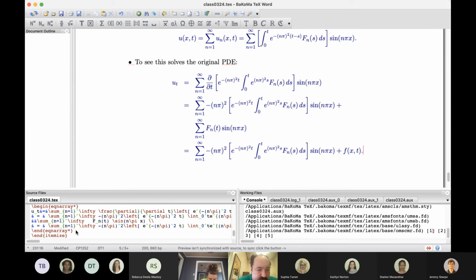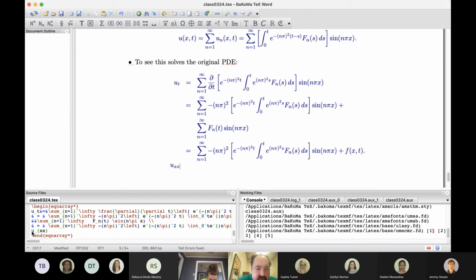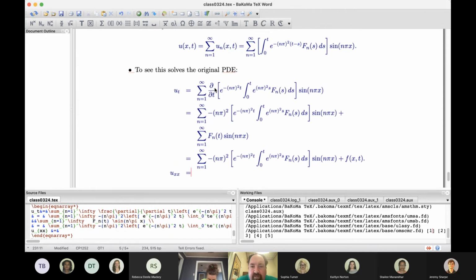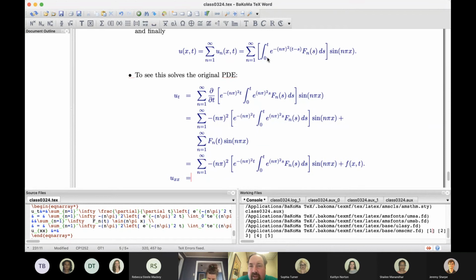And then for u_xx, I take a derivative of this whole thing with respect to x twice. Well, this part doesn't depend on x at all. It's like a constant.